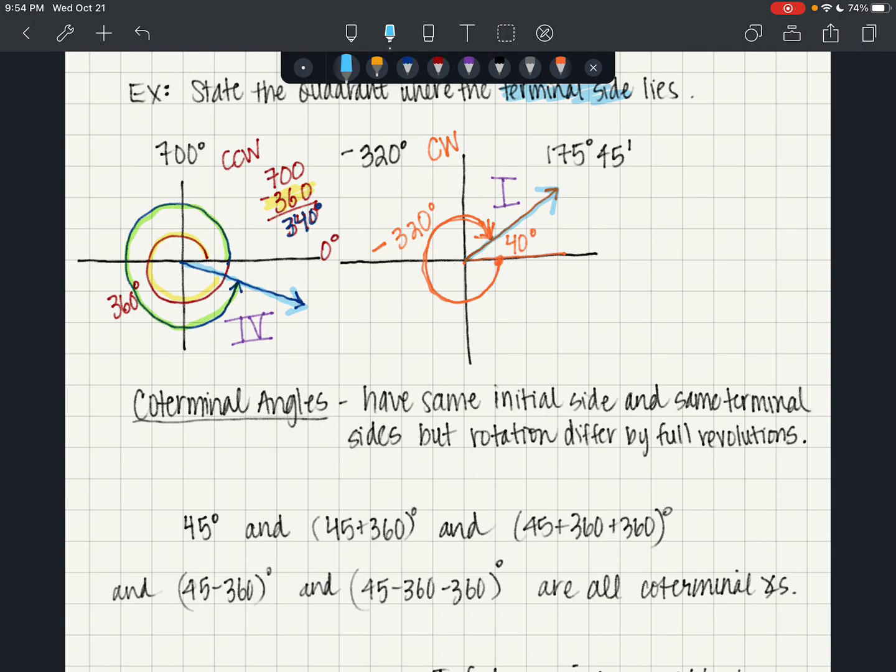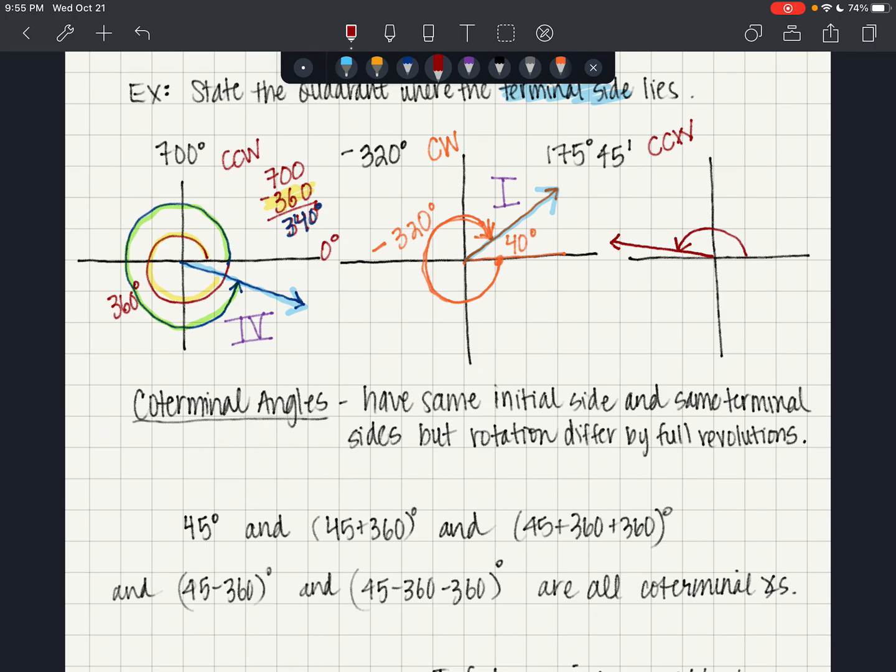175 degrees, 45 minutes. That's going to be a counterclockwise turn. And it's just shy of 180 degrees by about 4 degrees and 15 minutes. So that's almost going to be a half a turn.